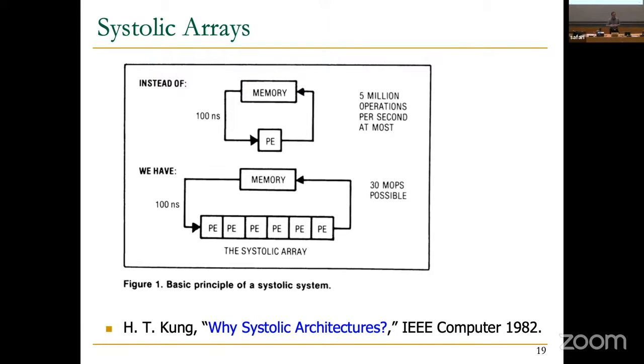Okay, you may actually pass what you're looking for as the element from memory. You may also pass the parts of the image from memory. So it really depends on what you're doing. But basically, this is the basic idea. You bring one piece of data and you operate on it in each processing element, and processing elements communicate their outputs with each other, and then eventually write back to memory.